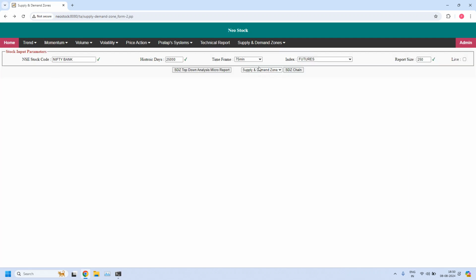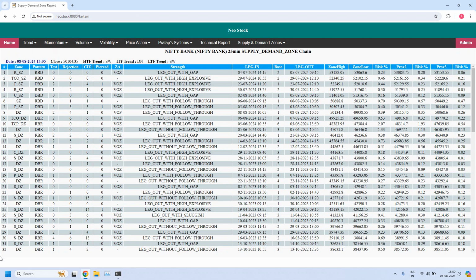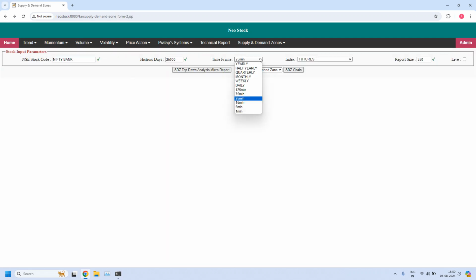The next time frame is 25 minutes. I am generating 25 minute supply demand zone chain for Bank Nifty. The next time frame is 15 minutes.